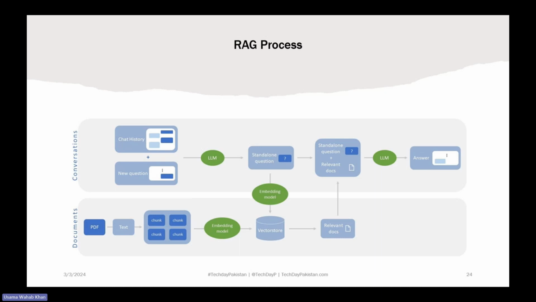Once the search is done, it retrieves the documents. Now you have the relevant knowledge for the question that has been asked. This information is injected along with your question and sent back to the LLM. Now this time the LLM does not have a basic prompt.